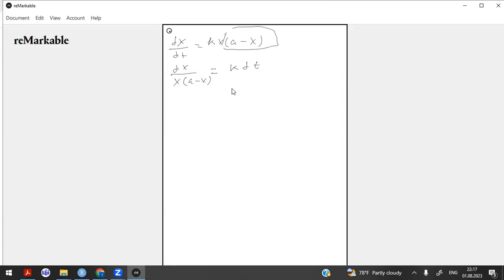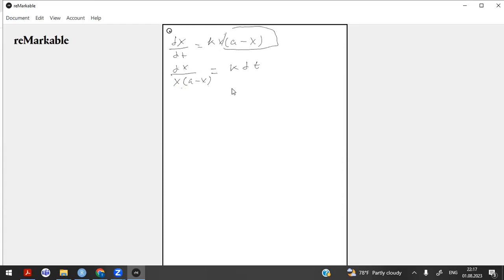Now let's do a further step. As you already know, we should integrate both sides since it's a separable differential equation. But this part really could worry us, so we need to simplify it in a way that it becomes a sum, so we can separate the integrals.